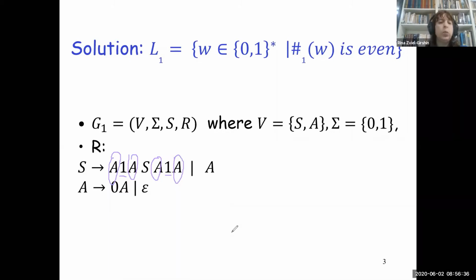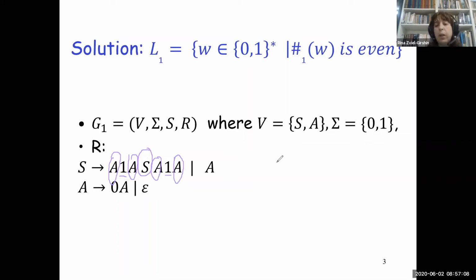Since we know that we have an even number of ones, I can divide the word in such a way that the first one I will look at is in the prefix, and the last one is in the suffix. Then I will go to the substring in the middle, and I will use S once again to derive the substring in the middle, and this way I will continue.